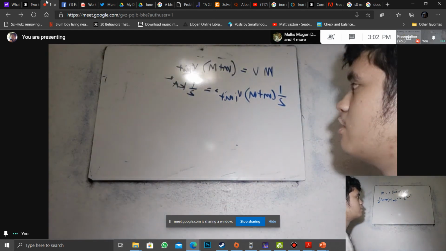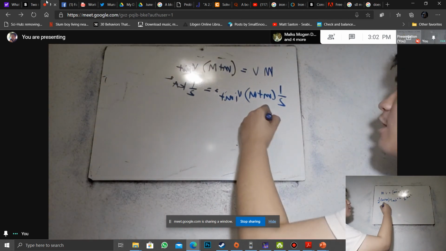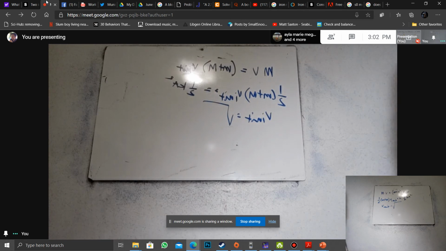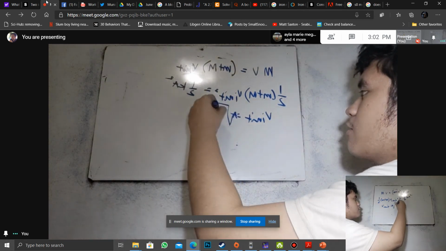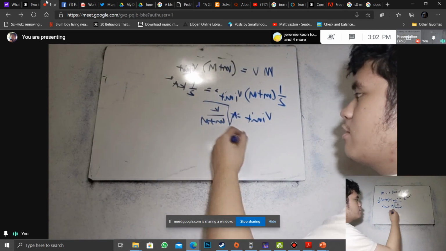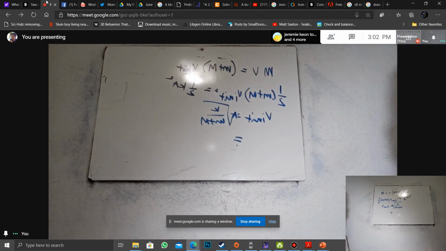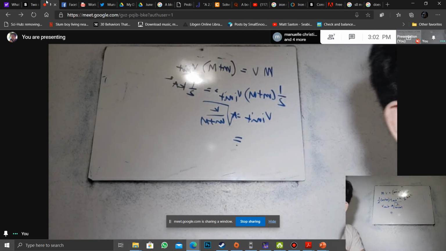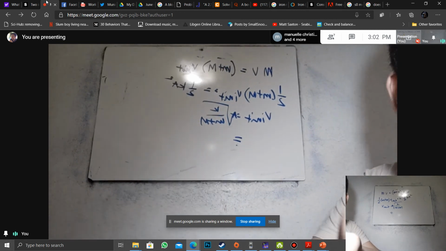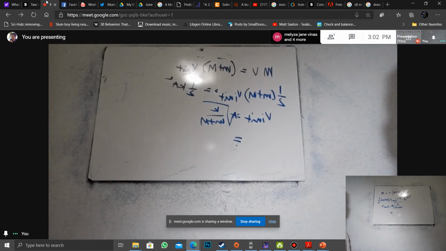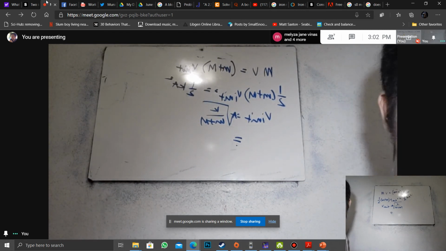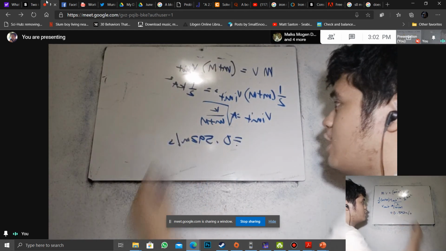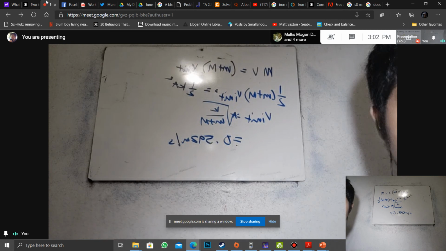You get v initial equals A square root of k over m plus m. That should give you around 0.592 meters per second. This you need to know, just for information.